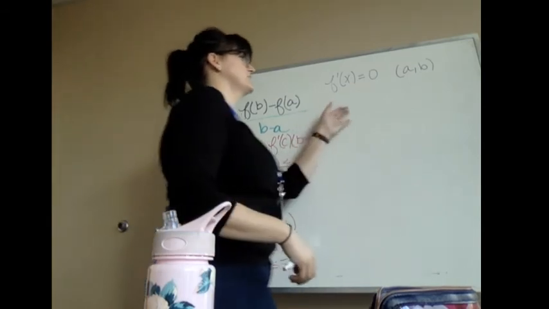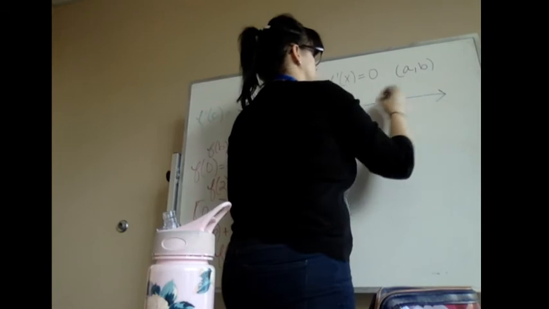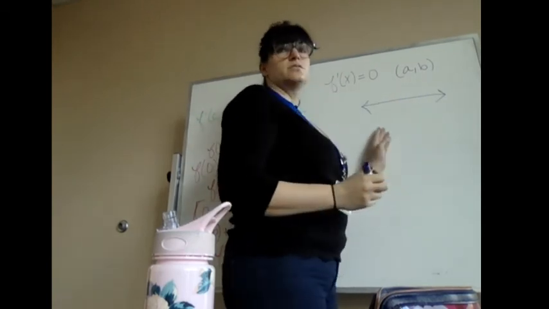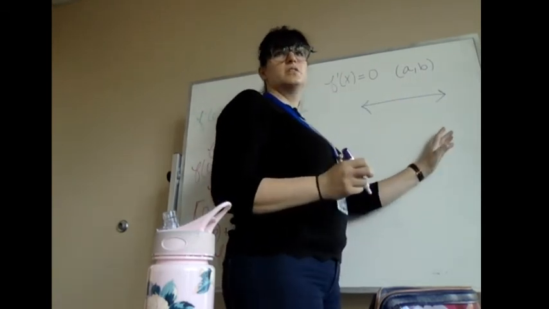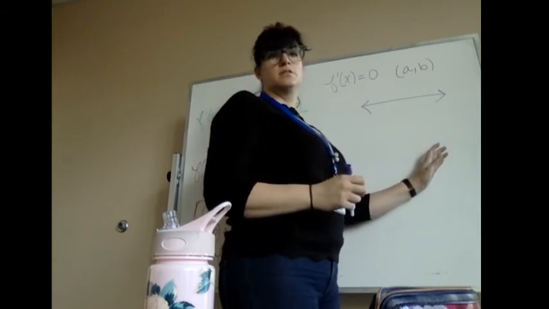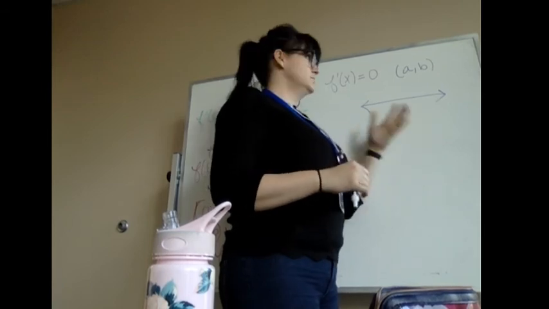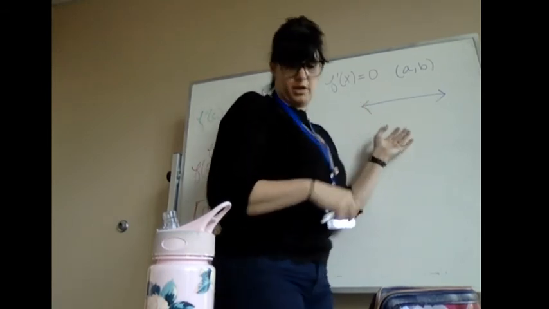If f prime of x is 0 for all x's, that looks like this. So of course it's a constant function, because there's no change. Does that make sense? Okay.